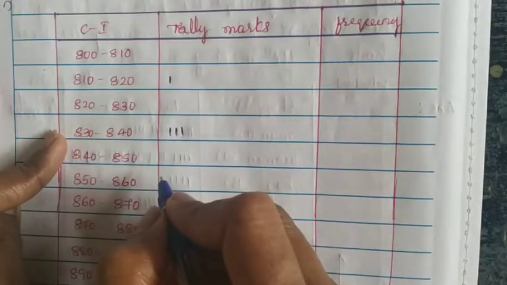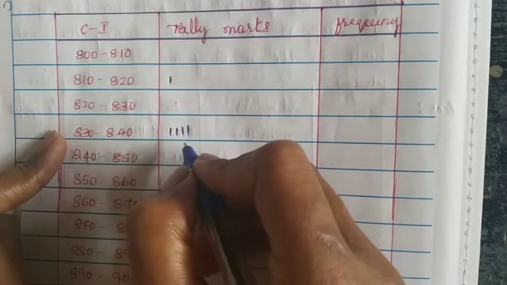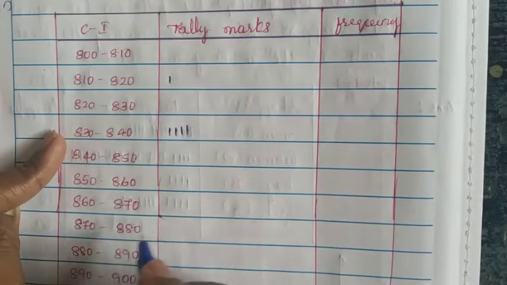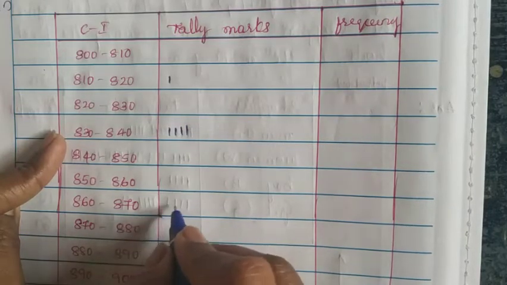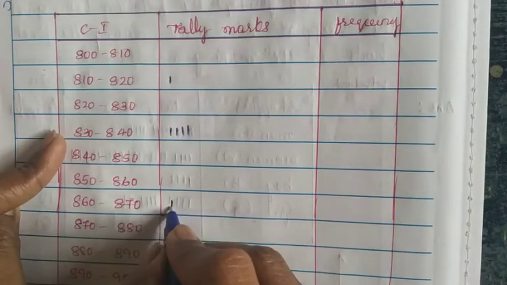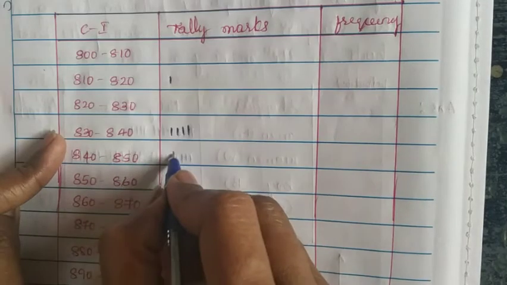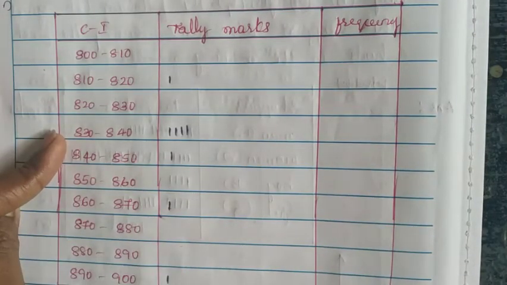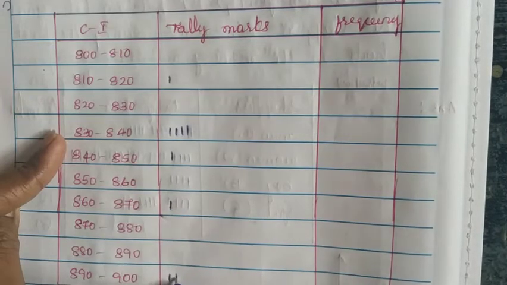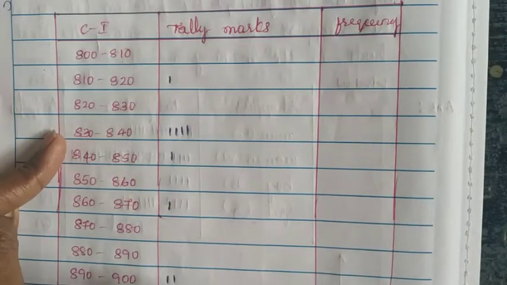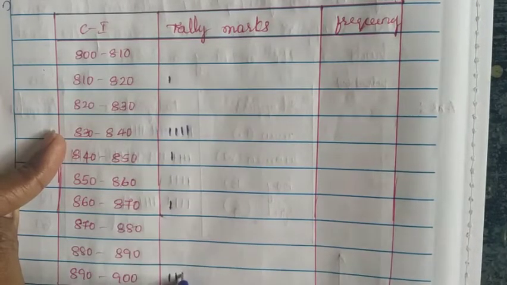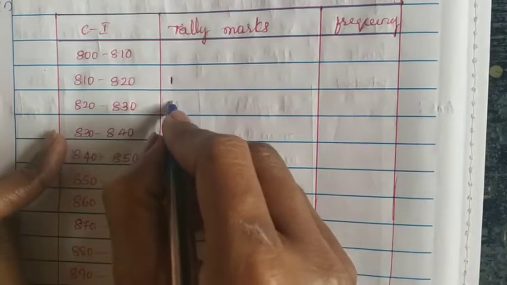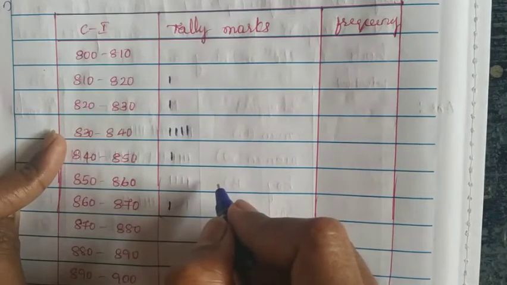Next is 836 here. Next 869 is here. Next 845 here. Next 898 is here. Next 890 is here itself. Next 820 is here.